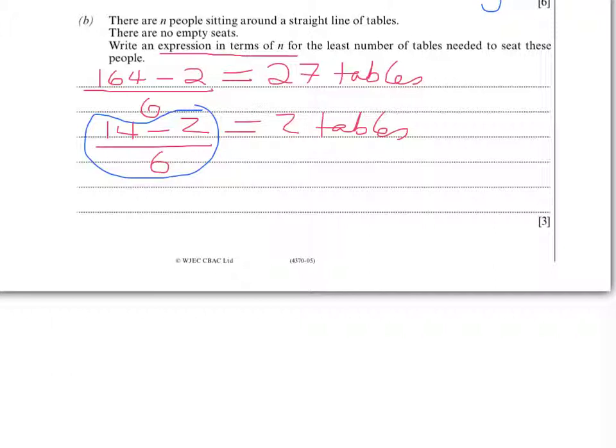So if I had n people sitting around the tables, to work out my answer, I would do exactly the same thing: take away 2 and divide by 6. So that is my expression, my algebra, in terms of n. So n minus 2 over 6, and that tells me the least number of tables needed to seat the people. And that's all we need for the 3 marks.